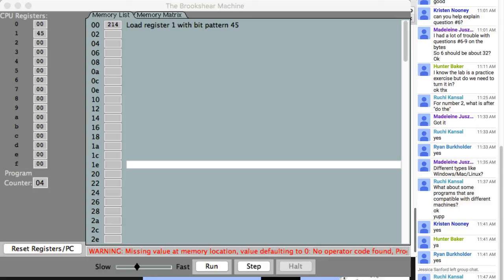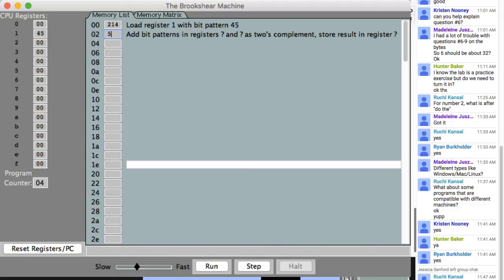But the point is this. Let me go back and try to load this thing again. Wish I could share 2 different screens at once. The reason it knows that 2145 is load register 1 with bit pattern 45 is because 2, instruction number 2, means load a register with a bit pattern. Instruction 5, I think it is, means add the numbers in 2 registers together.